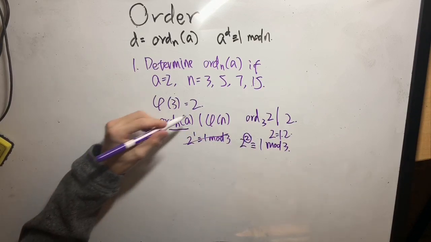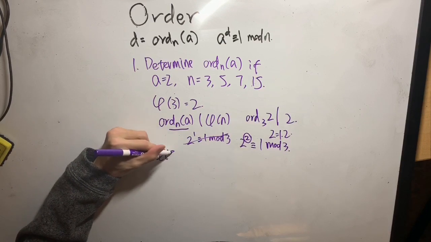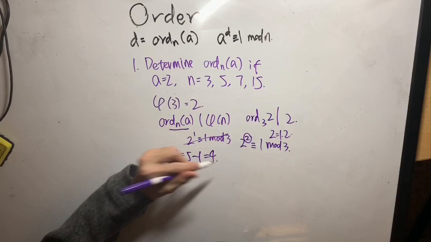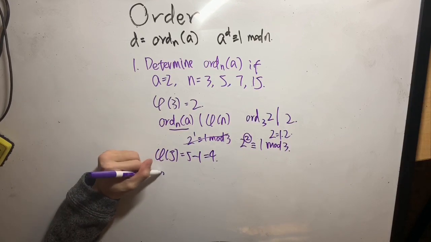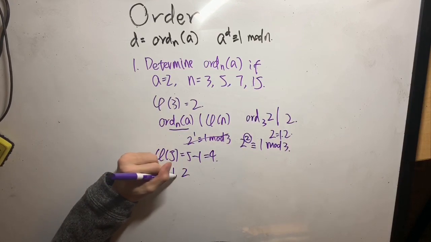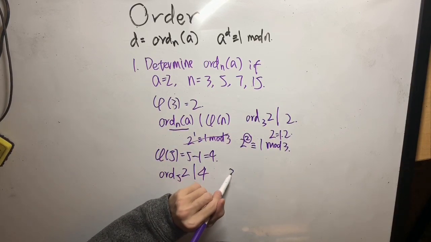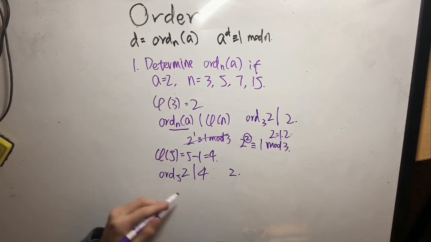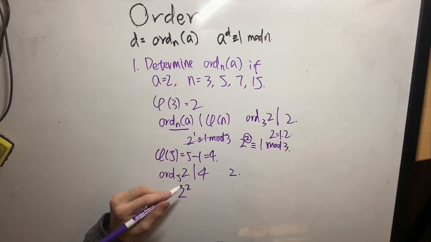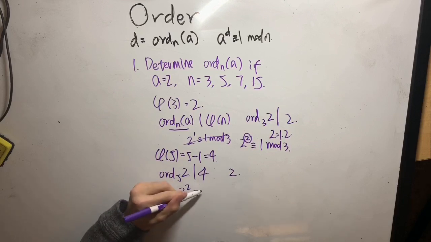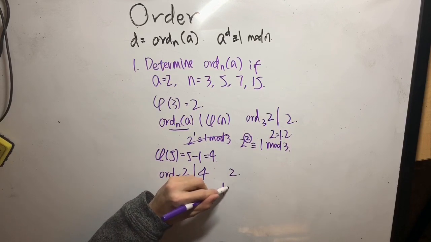Next, we know that phi of 5 equals 5 minus 1 equals 4. Then the order of 2 modulo 5 divides 4. So we only need to check 2. 2 to the 2 is not congruent to 1 mod 5.